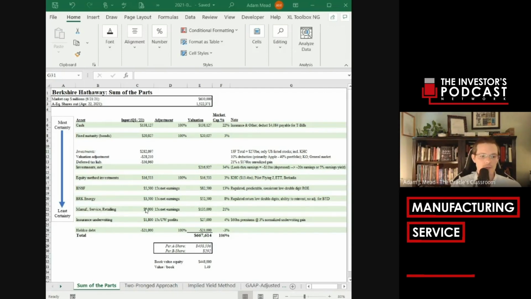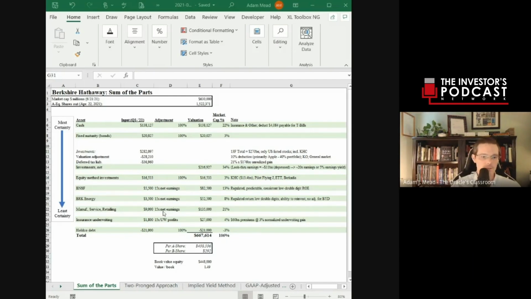Same with the manufacturing, service, and retailing businesses. I've used a 15 times earnings multiple here. You might argue that this 9 billion is a little bit too low. I'm assuming that the challenges with Precision Castparts, a manufacturer of airplane and aerospace components, matter.